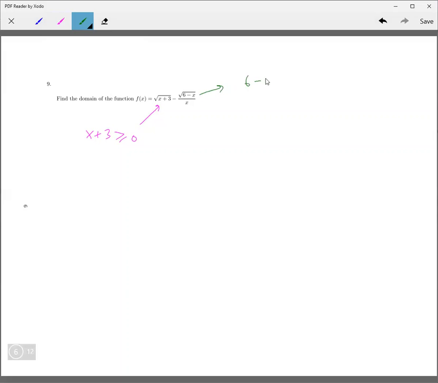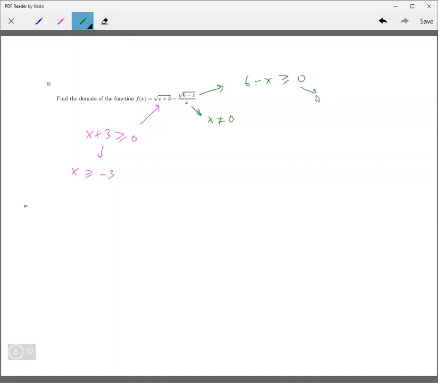First of all, 6 minus x has to be greater than or equal to 0. And then the other thing is that because this is in the denominator, x can't be 0. So you have all these restrictions. And so we calculate each of these. X has to be greater than or equal to -3, right there.